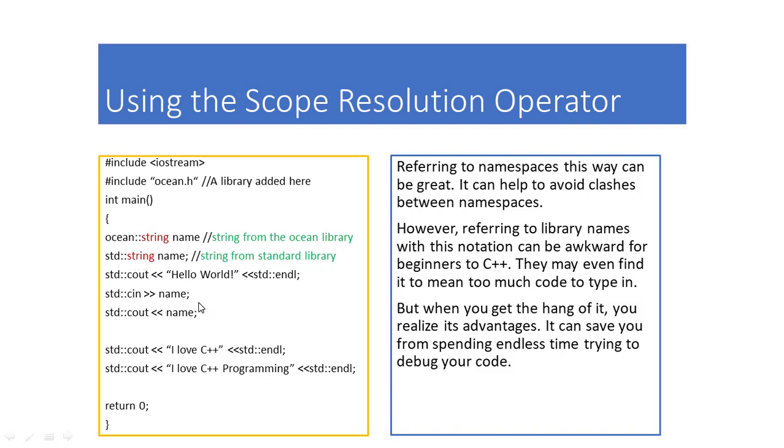There are so many advantages why you would be better off using the namespace and their objects, just like we did here with these two lines. It can save you from spending endless time trying to debug your code. Namespace clashes can cause you to spend a long time trying to debug your code.